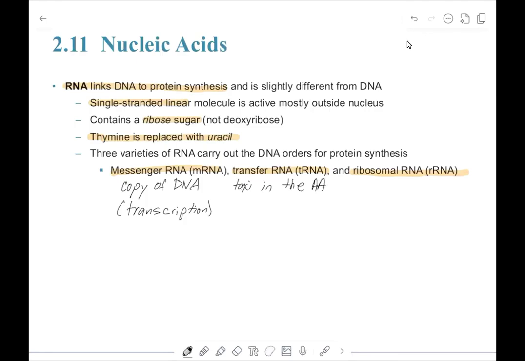And then ribosomal RNA is what's actually located in the ribosome and also specifically in the nucleus. So it's more of a structural type of RNA in that it doesn't carry out a specific function.